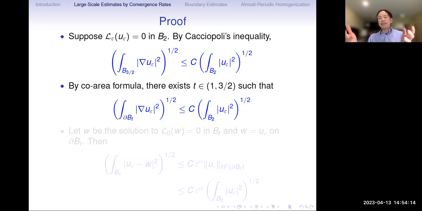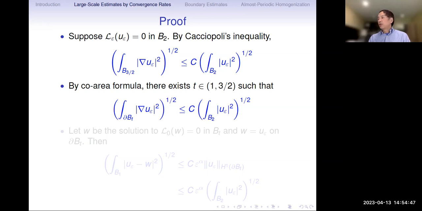There must be some parameter t between 1 and 3/2, so that the integral on the boundary of the ball is controlled by the right-hand side. How do you see this? You just argue by contradiction. Suppose there's no such t. In other words, for any t between 1 and 3/2, you have a reverse inequality. And then you just integrate t from 1 to 3/2, which generates a contradiction to Caccioppoli. That's all.